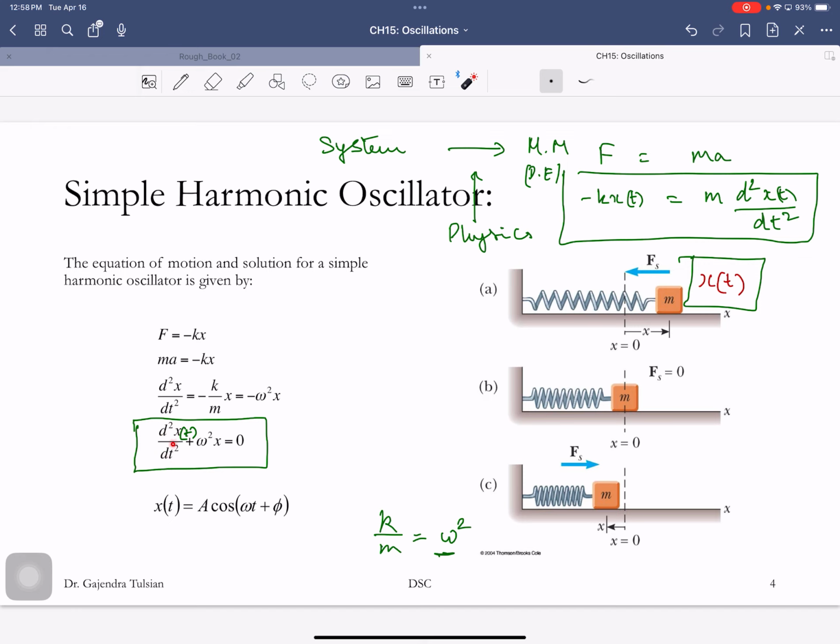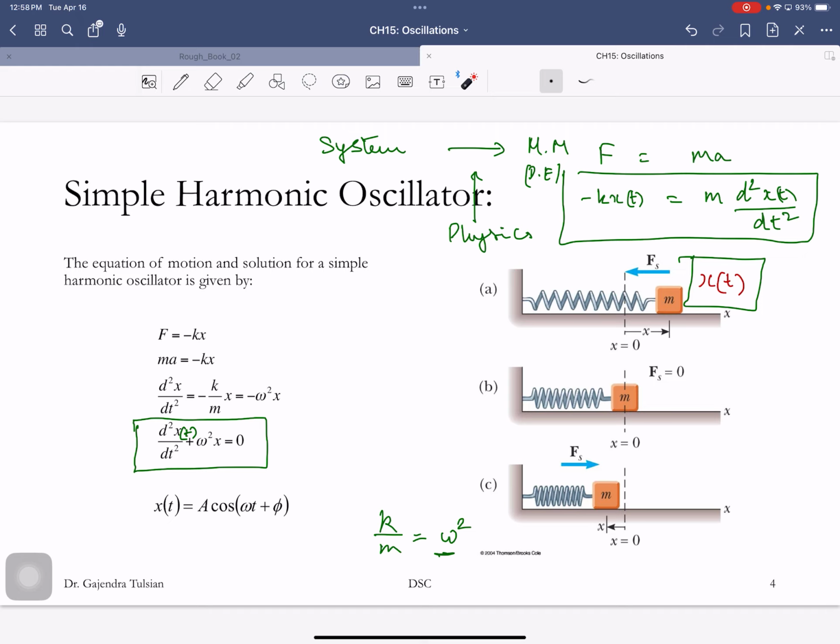So this differential equation described the behavior of the system, and then you learn how to solve this equation. Here's the solution. No matter what you do to this system, the position as a function of time is given by that.